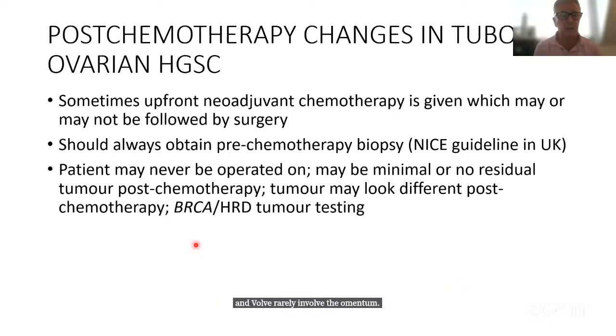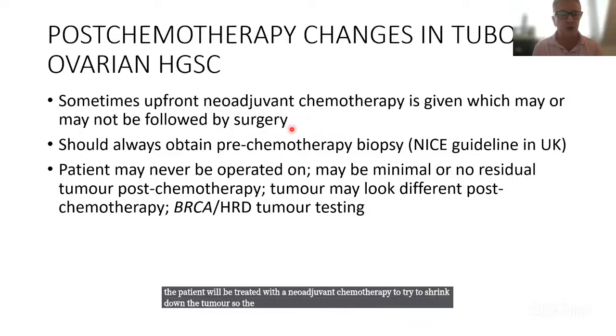So another scenario which people sometimes get a bit confused about is that sometimes in a tubal ovarian high-grade serous carcinoma, the patient will be treated with neoadjuvant chemotherapy to try to shrink down the tumor so the tumor can then be surgically debulked.